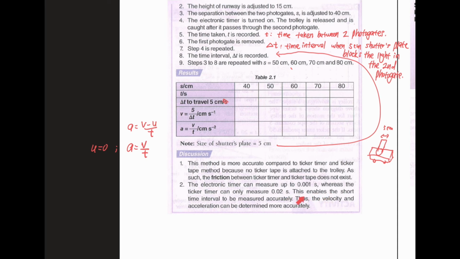This enables short time intervals to be measured accurately. So you can see it is more accurate. Thus, the velocity and acceleration can be determined more accurately. Okay, so this is the experiment, and we have done this part.